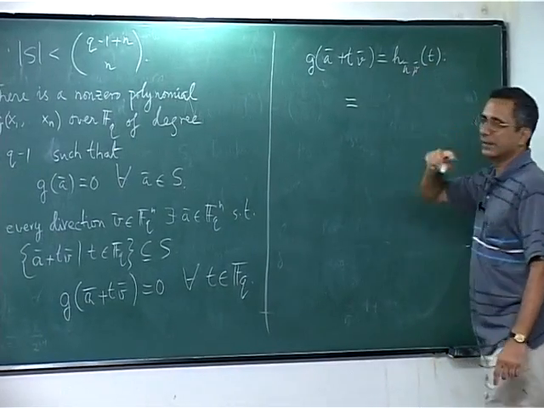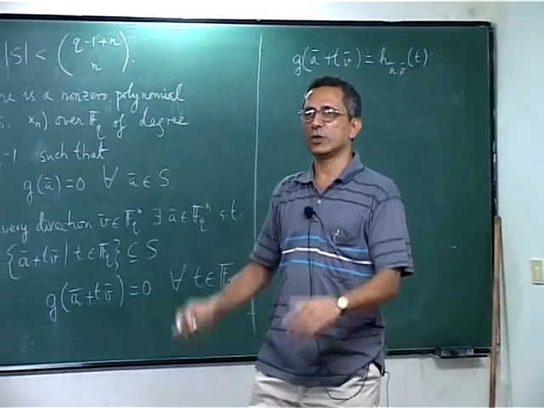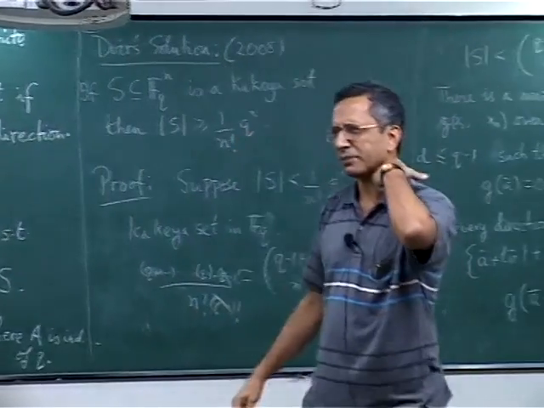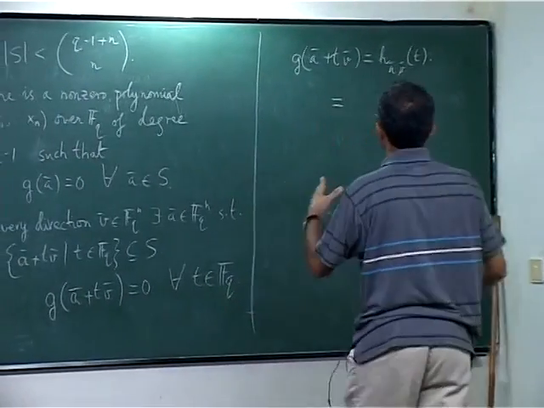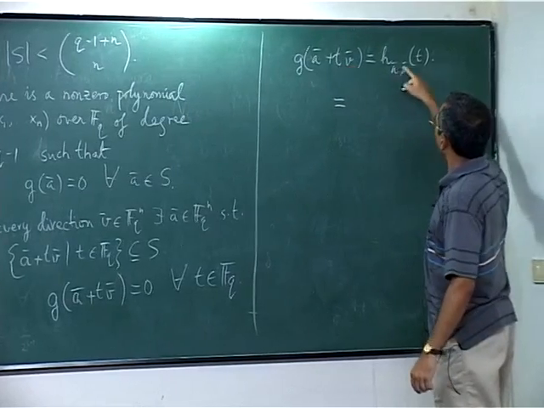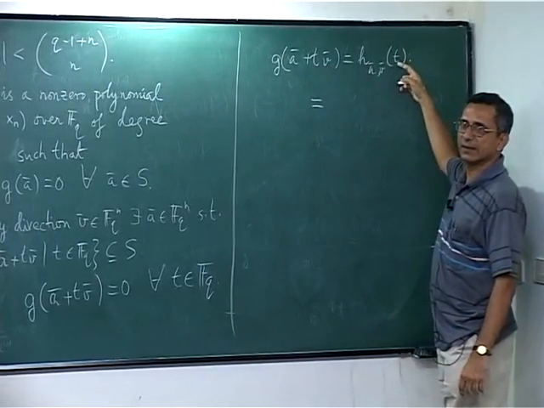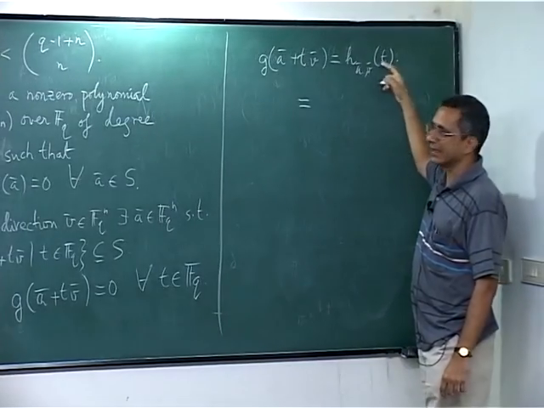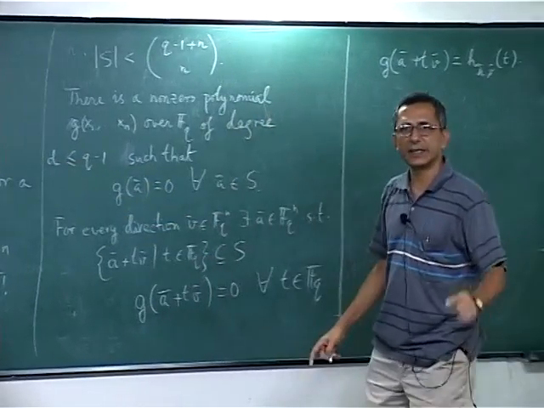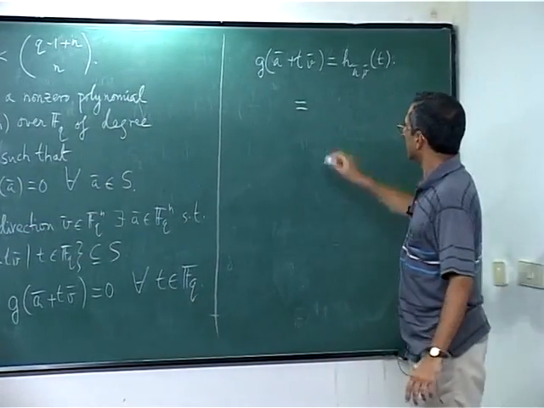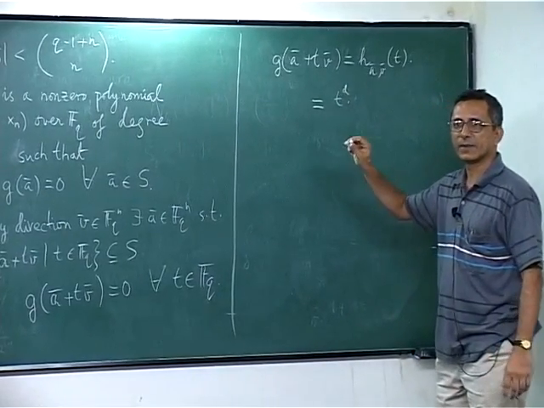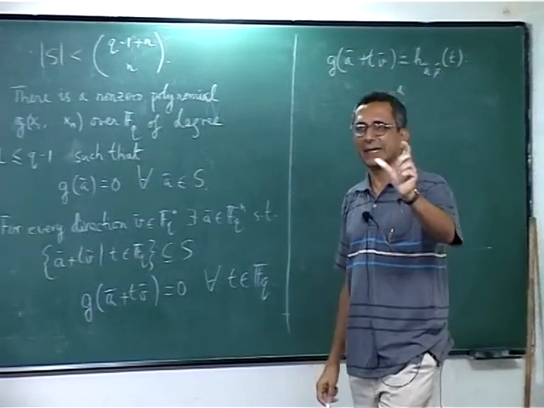Okay, what does this look like? When I expand out, no, we won't do that. I'll just describe it. What is the highest degree of T that is possible here? D. D is the total degree of this polynomial. So the highest degree in T is D. So you have a T power D, and what is the coefficient of T power D? All the degree D monomials of g.